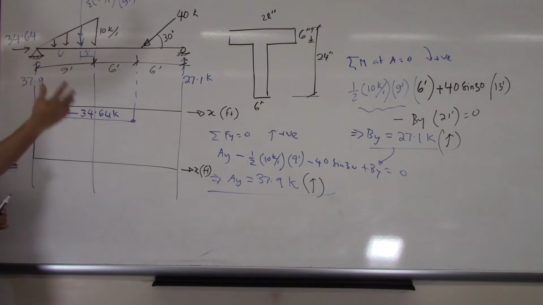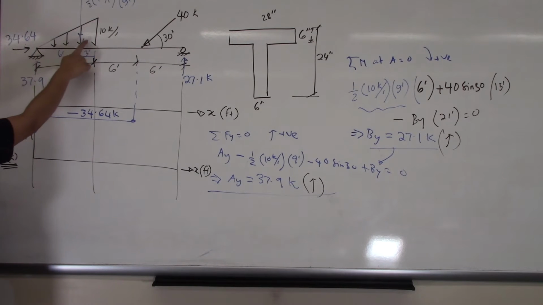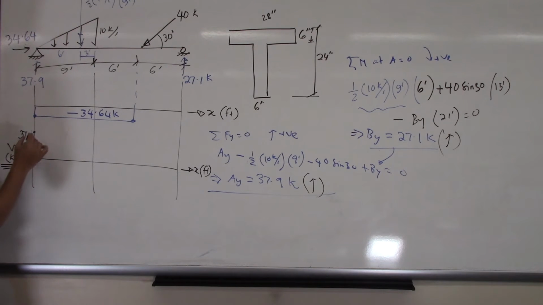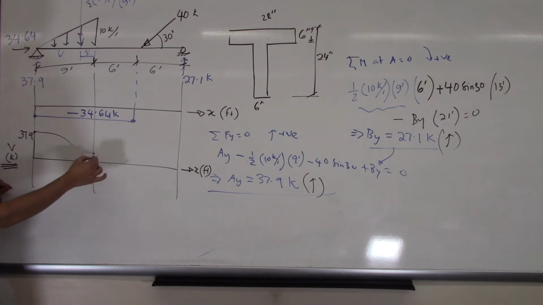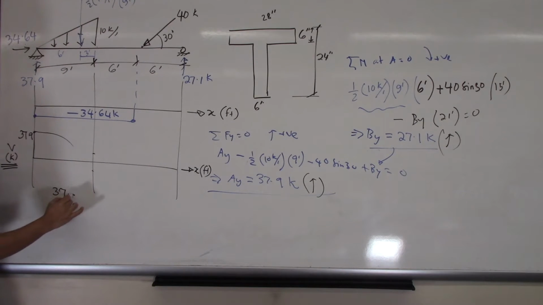How is the load? Uniformly varying, not linear. At the beginning, very small load, after sometime huge load. So I will go slowly here, okay, slowly here, and then suddenly. Now after coming here, we do not know. So let us calculate that. I have 37.9. I will go down how much?